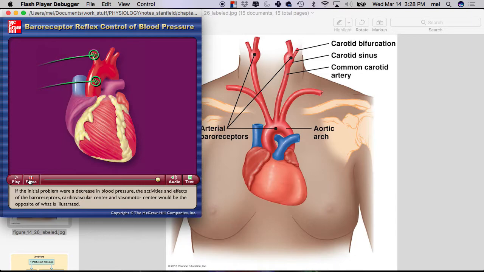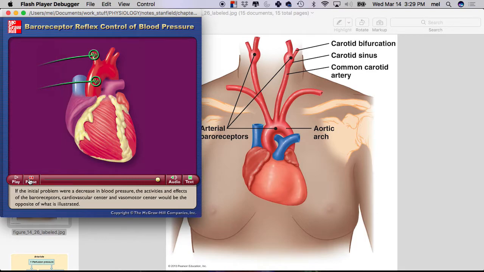Then where are you going to send that sensory information? Medulla oblongata, and the medulla oblongata is going to respond to low pressure and these baroreceptors by activating which one? Sympathetic, which will do what to heart rate? Increase it. Does it have an impact on stroke volume? Yes. And what will happen to your vessels? Constrict. Got it? Got vasoconstriction?